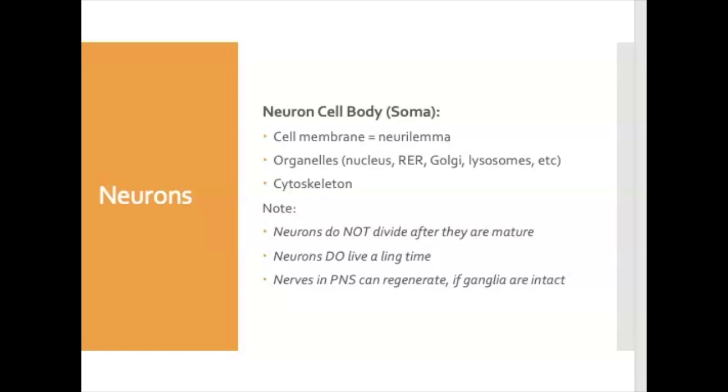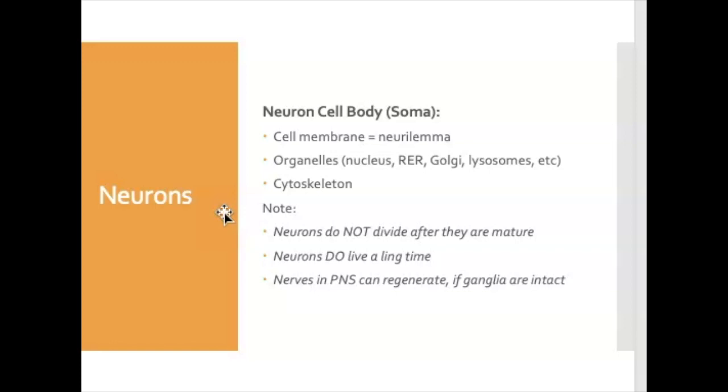Now, a couple of important things to know about neurons and nerves are down at the bottom of this slide. Once the neurons develop in a human being and mature, they stop dividing for the rest of the person's life. So you cannot replace a neuron that is destroyed. You cannot recreate neurons by having other neurons divide and replace them.